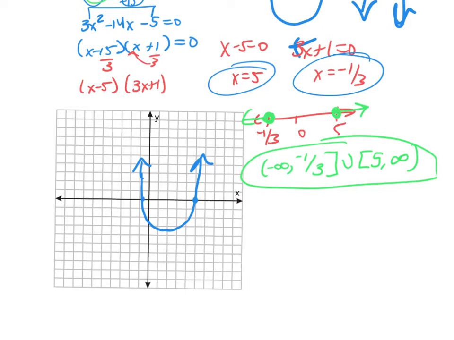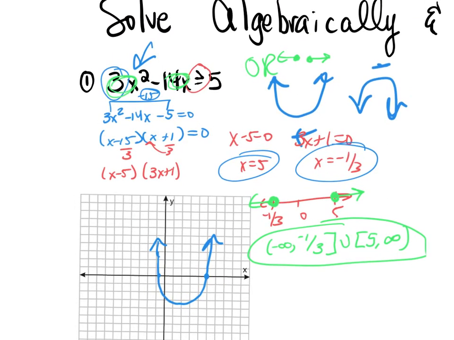But graphically, this is what I'm looking for. This question says greater than or equal to. When I get here, we're going to have it become 0. We're talking about our x values that we're allowed to use, from negative infinity over here, all the way to negative 1/3.